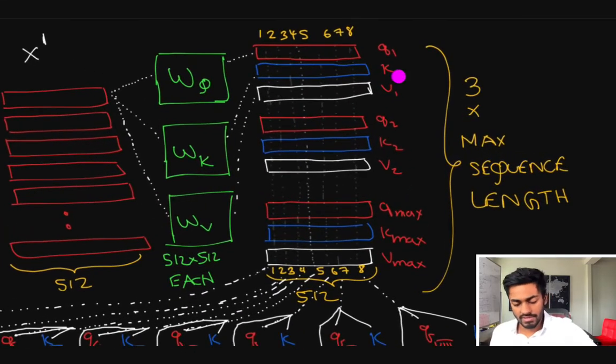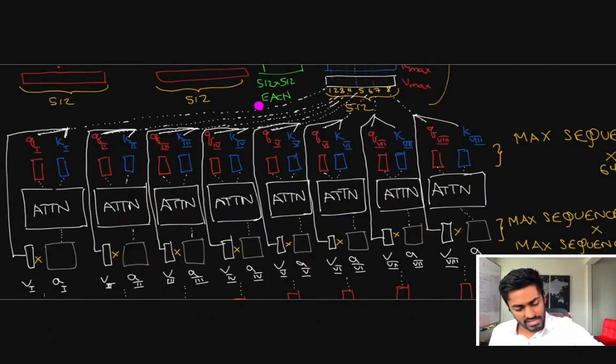We now split each of these query, key, and value vectors into 8 parts, and each part is going to be a vector for 1 head, and there are 8 heads according to the main paper. And each of these heads are then now passed into 8 attention blocks. And each of these attention blocks are basically going to just multiply the query and key vectors, and then apply some scaling as well as masking.